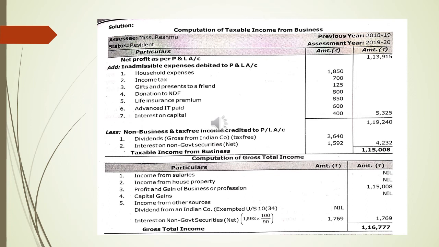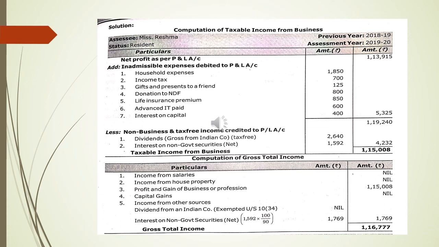Income tax is inadmissible. Advertisements is admissible. Postage and telegrams is admissible. Gifts and presents, so gifts and presents has to be considered as inadmissible. Fire insurance premium, when nothing is mentioned, we will assume that this is relating to the business, so it is business expenditure.